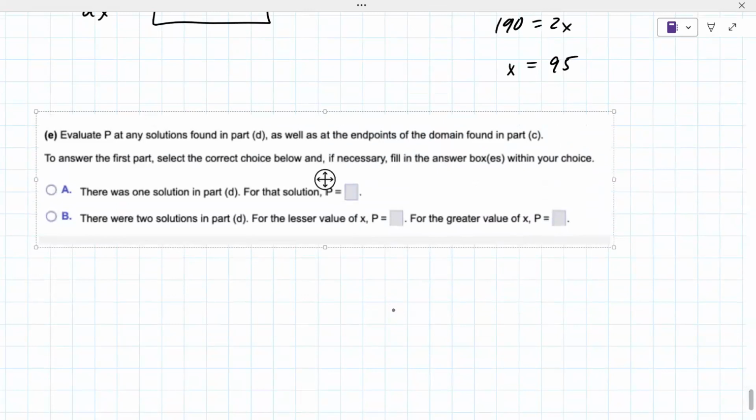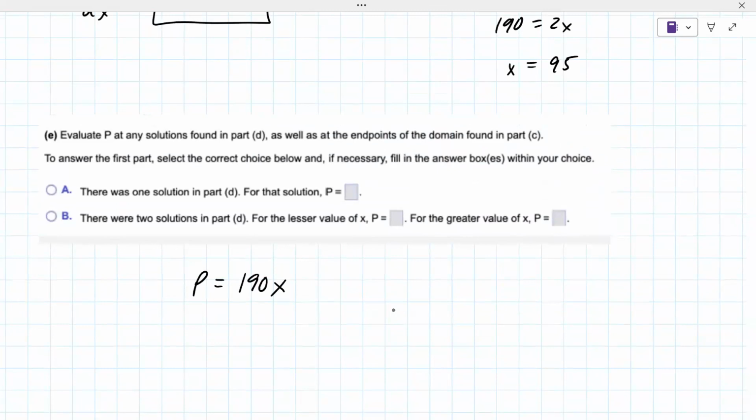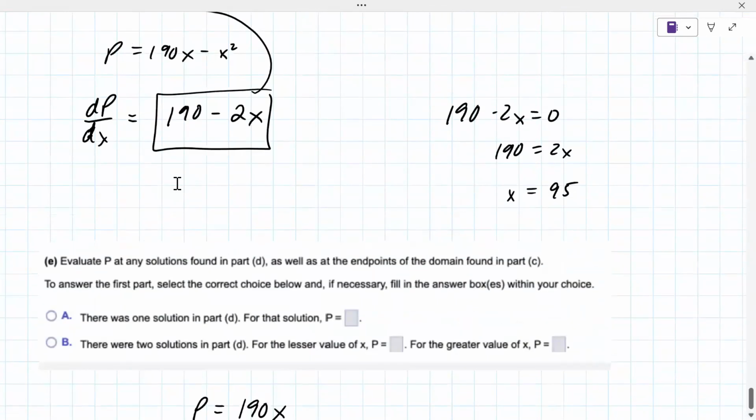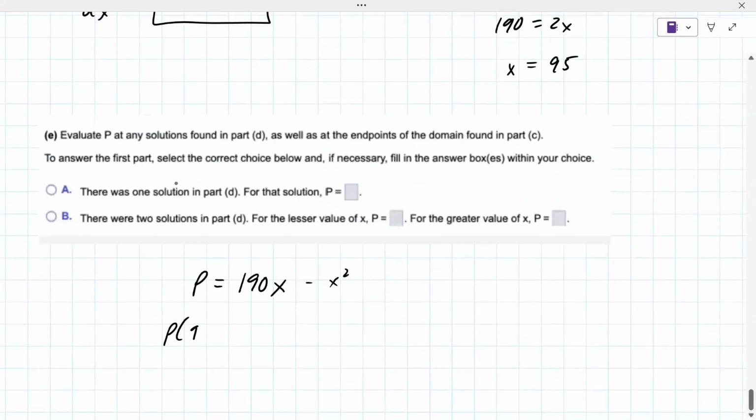Then you have to put that back into the original equation. P was 190x minus x squared. You got to put that x value back in.